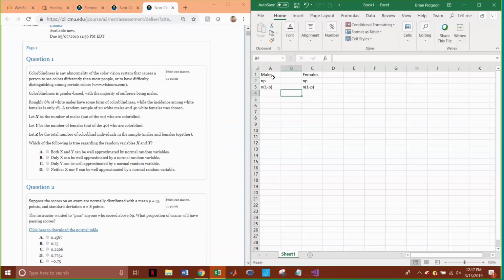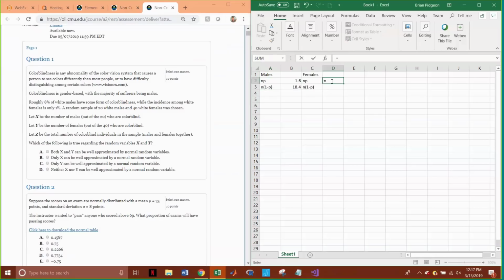So we can just calculate that out. For males, our sample size is 20, and our probability is 0.08. So that's 1.6. And then we would do the same thing, 20 times 1 minus 0.08, and we should get 18.4. So because in the male group both numbers are not at least 10, X cannot be approximated by a normal random variable.